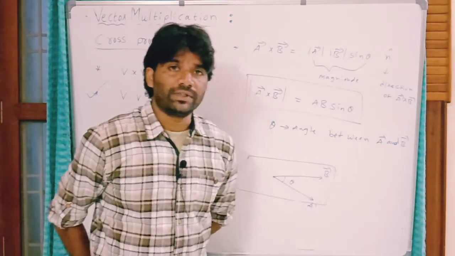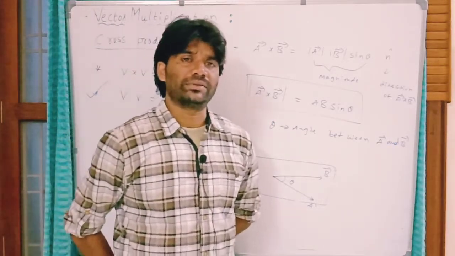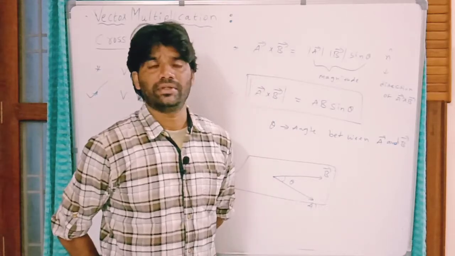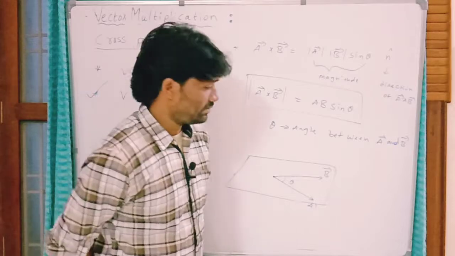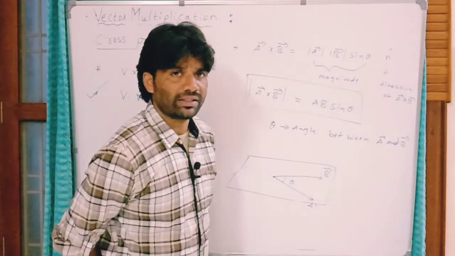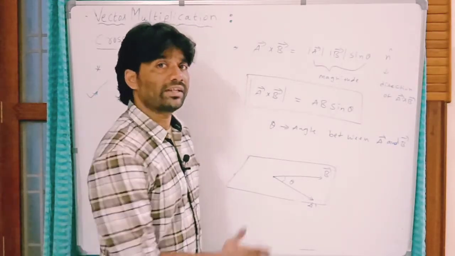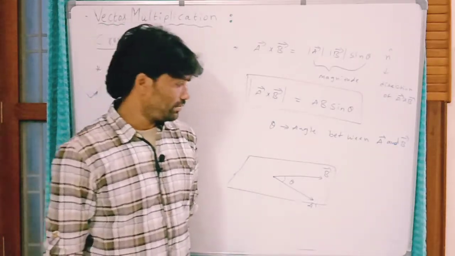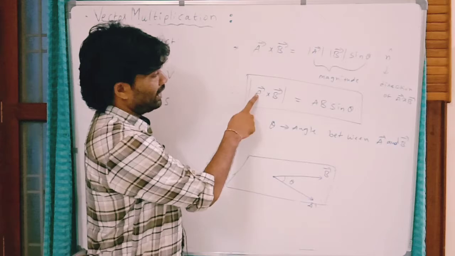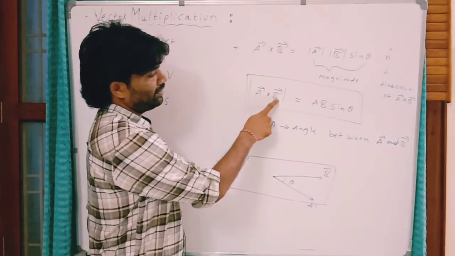Listen carefully here. I am going to explain the direction of A cross B by using this right hand thumb rule. First you can see here we have A vector, then the cross product and B vector.